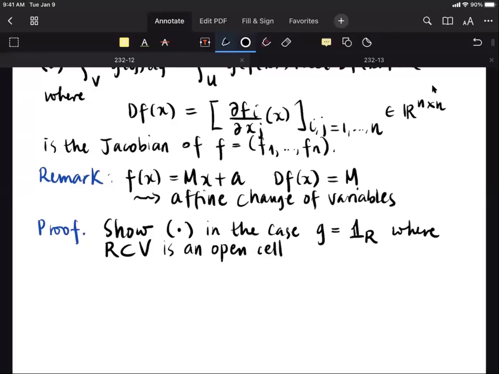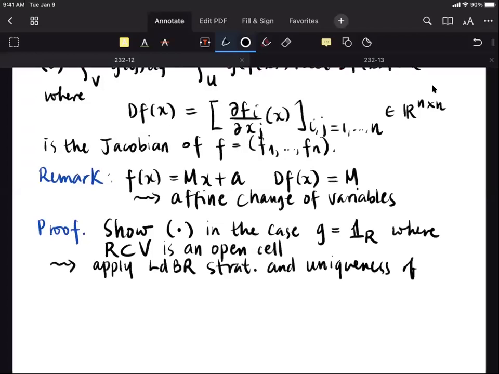Once you establish the formula in the case of characteristic functions, you apply the Lebesgue-du-Bois-Reymond strategy, and the uniqueness of sigma finite measures.